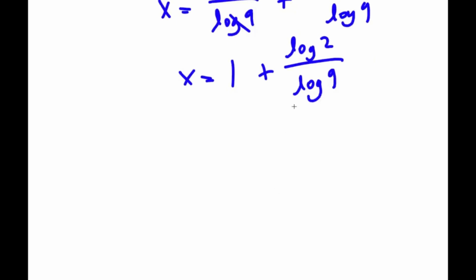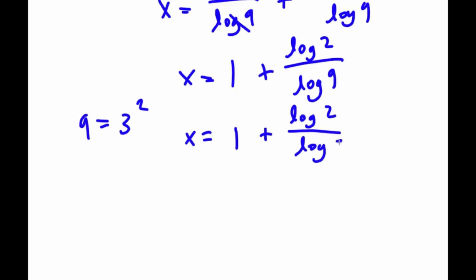Now, log 9, well, 9 is the same thing as 3 squared. So if I replace 9 with 3 squared, I get x is equal to 1 plus log 2 over log 3 squared. Now remember the property of logarithms that states that if we have something in the form log a to the power of b, we can move our exponent b to the front of the logarithm, so this would equal b times log a.